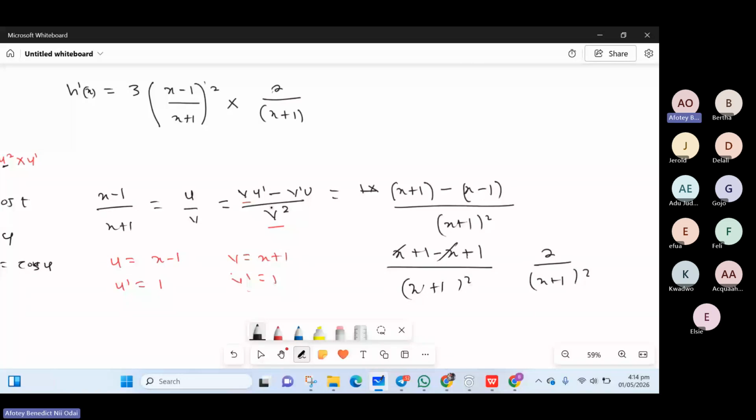With this format, if you are going through your work, when you are done, it becomes much easier. You can leave it in this way, but depending on the question, if the question says simplify, then of course you have to simplify, right? So we have 2 times 3 giving us 6 x minus 1 all squared, everything on x plus 1. This is to the power 2 plus 1, so x plus 1 to the power 3.